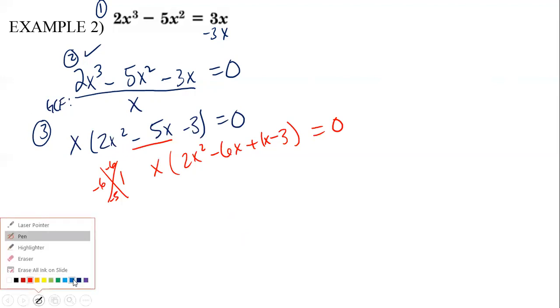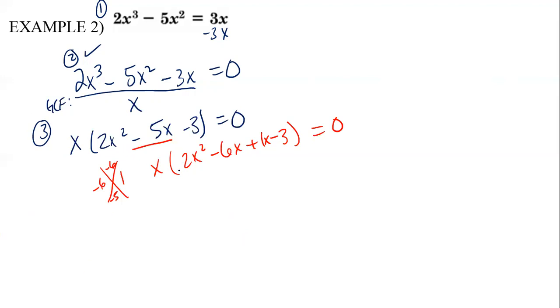Just like the box, when you're in grouping, all you're doing is finding GCFs. So the GCF here, GCF here. So again, x is hanging out because it's still part of the party. Just because you get factored out, are you kicked out of the family? No, you just don't live in the house. So the GCF here is 2x, that leaves me with x minus 3.